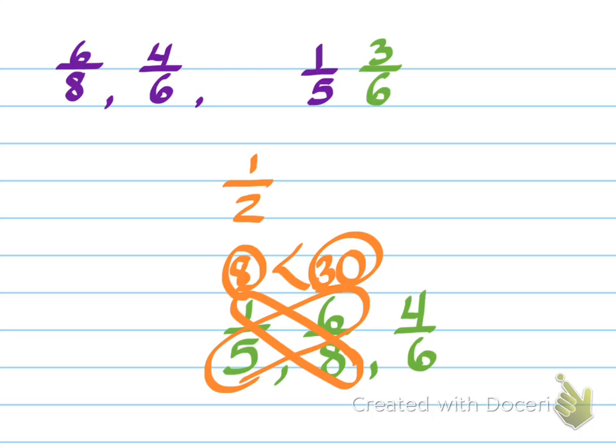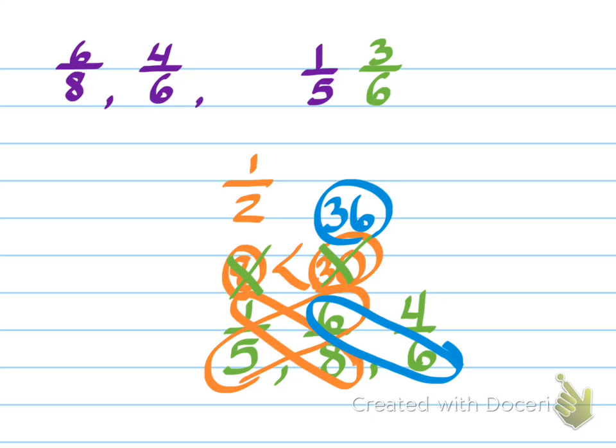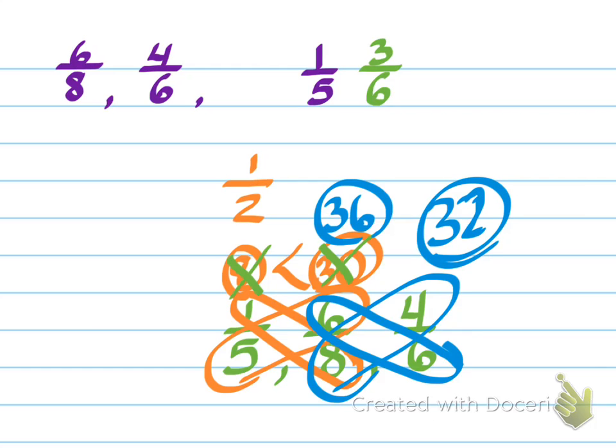So we cross it off because we used it, and we're going to keep going. So 6 times 6 is 36, and then 8 times 4 is actually 32. And there's a problem, because 32 should be in the middle. So we actually have to change two of these fractions around.